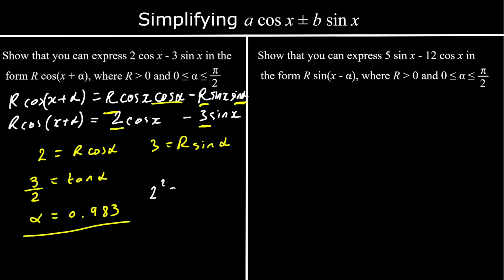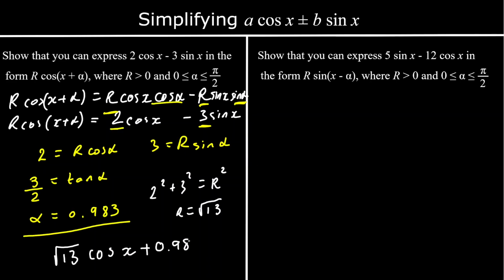So 2 squared plus 3 squared is r squared. So r is square root 13 this time. So we have square root 13 cos x plus 0.983.